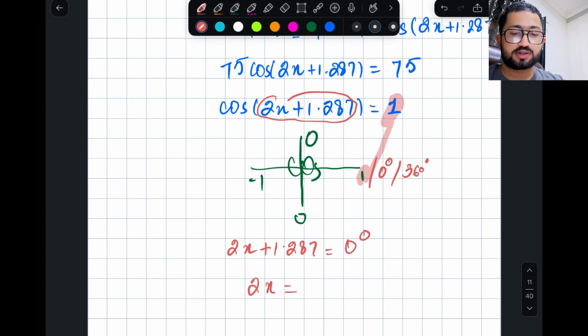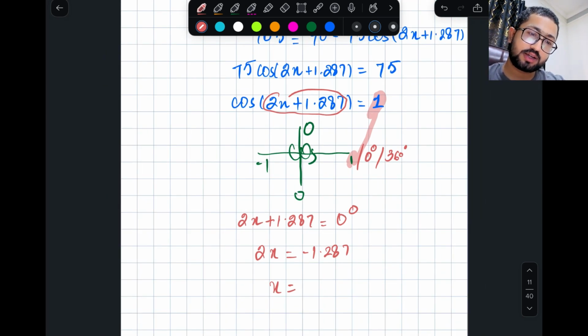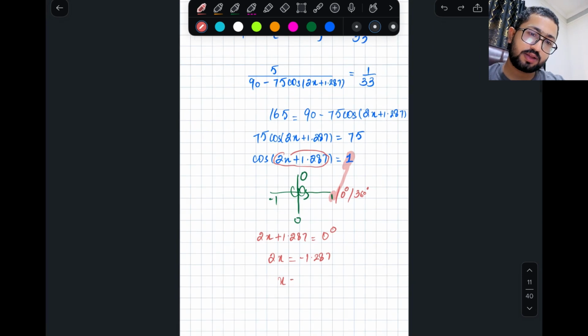So 2x equals negative 1.287. So x will be equal to, I think I made a mistake.